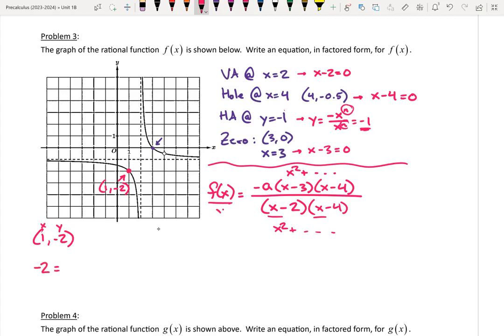Remember, f of x is also our y value. And I'm just going to label it as a. Don't know what a is yet. That is going to be 1 minus 3 and 1 minus 4 over 1 minus 2 and 1 minus 4.